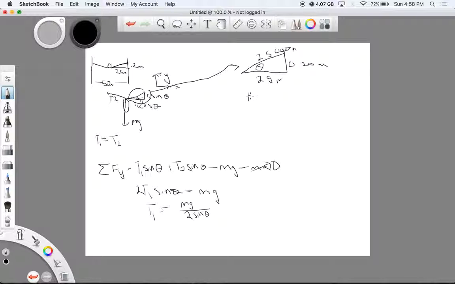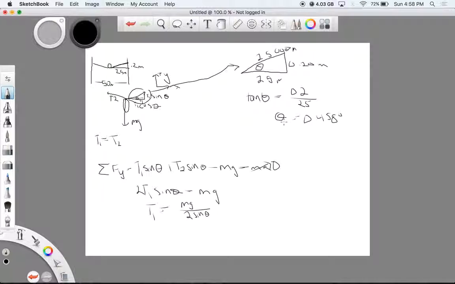So tangent theta is equal to opposite over adjacent, which is 0.2 divided by 25, and the meters cancel out. So theta is equal to the inverse tangent of that, which is 0.458 degrees.